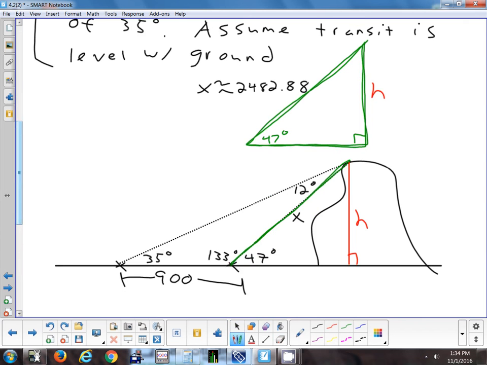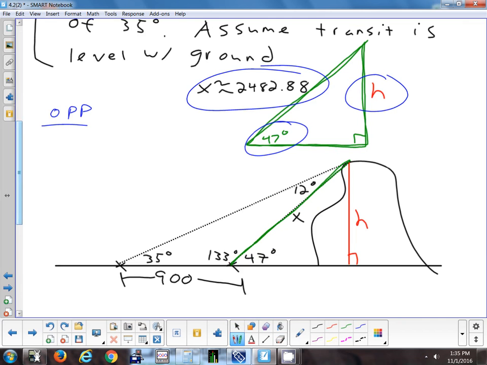Right, it's a right triangle. Using 47 as your reference point, what's the name of the side that's farthest away? Opposite, adjacent, or hypotenuse? Opposite. So we've got opposite. And you just told me the side across from the 90 is the hypotenuse. So what trig function can we use to find the height?